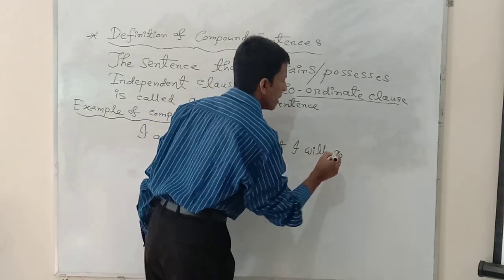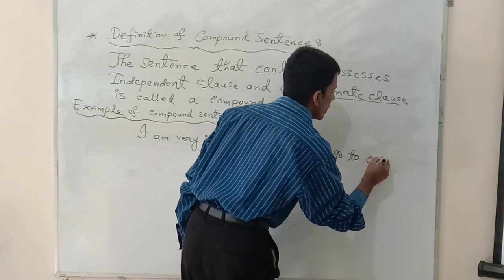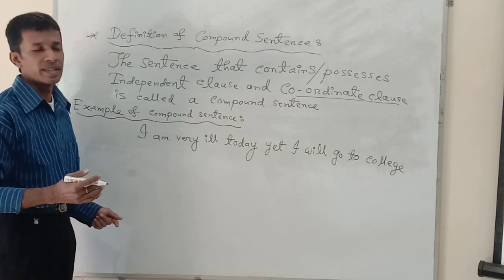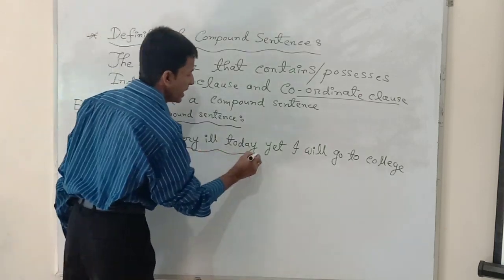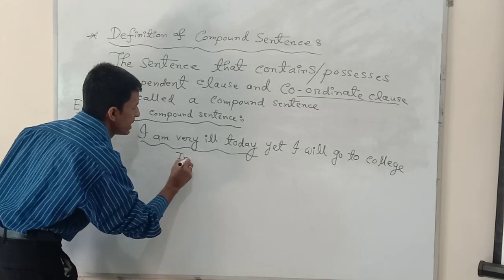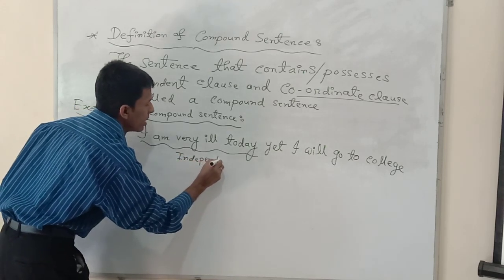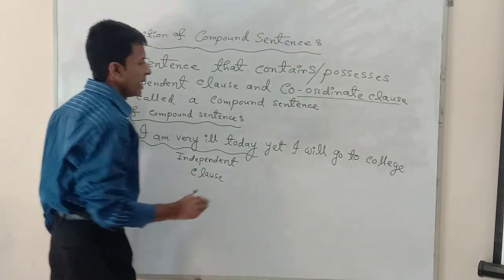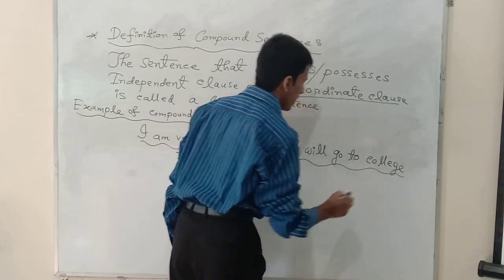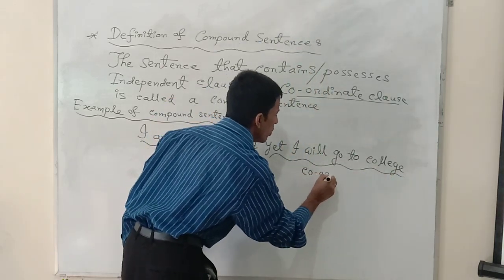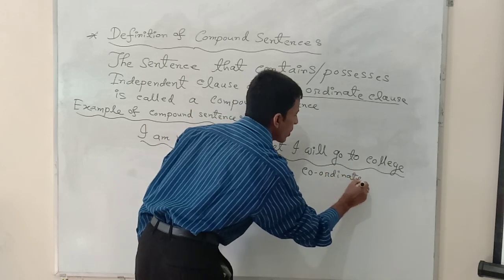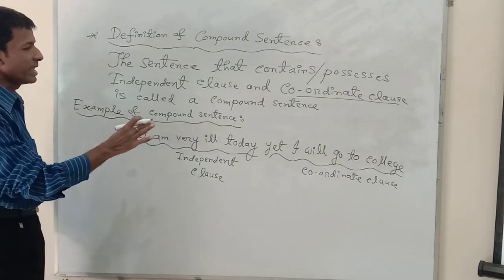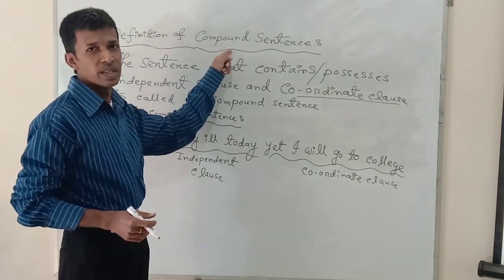Now look at the structure. I am very ill today: this part is an independent clause. And yet I will go to college is the coordinate clause. So the entire sentence is written in the compound form.